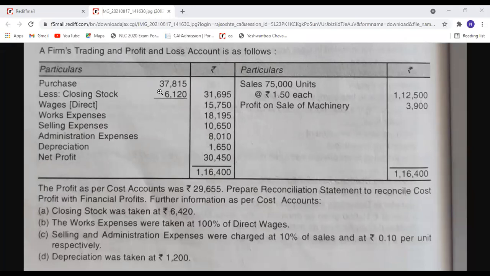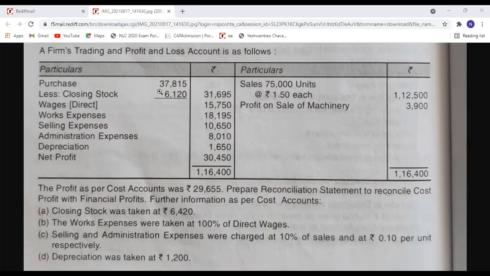Further information as per the cost accounts is given. The closing stock was taken at rupees 6,420, as per the cost accounts. Second, the works expenses were taken at 100% of direct wages.